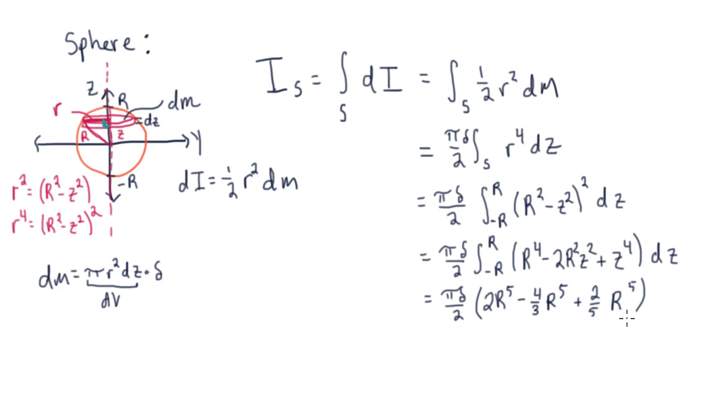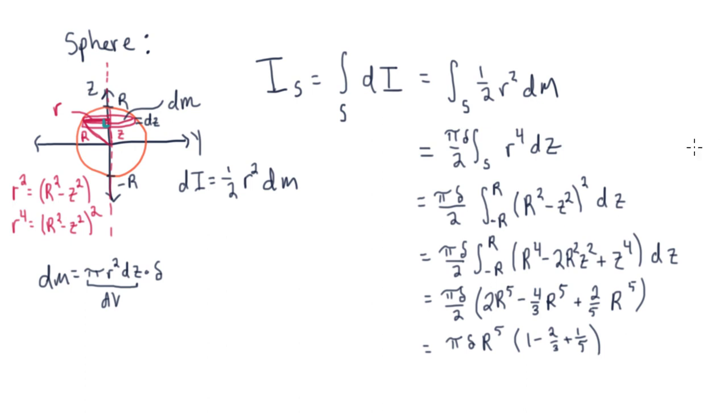Yes, looking good. Okay, so what is this crazy constant here? Let's see, pi delta. Well, I can definitely cancel a 2, and I can factor out an R to the 5th. So I have 1 minus 2/3 plus 1/5. Okay, seems like I need to get a common denominator, so that would be 15.